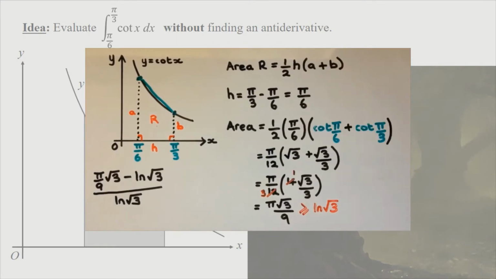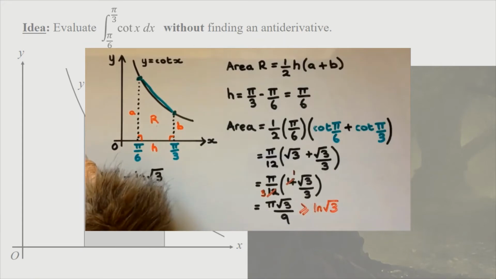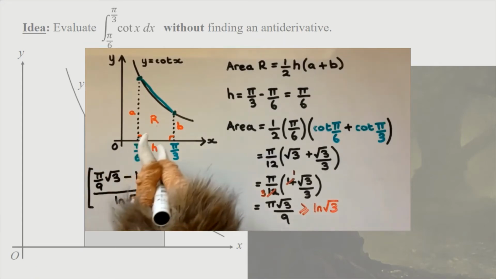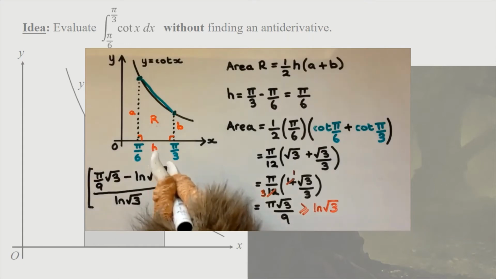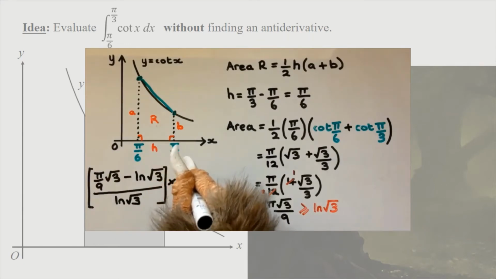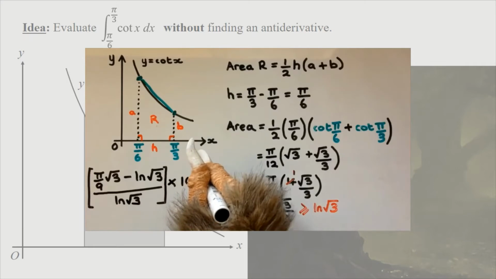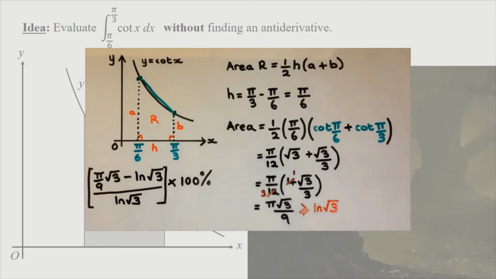So we know by how much we are out. Now let's convert it into a percentage. So we'll put all this in brackets, square brackets because it's such a big fraction, like that. And now if I multiply this by 100%, like so, this is going to give us a percentage.